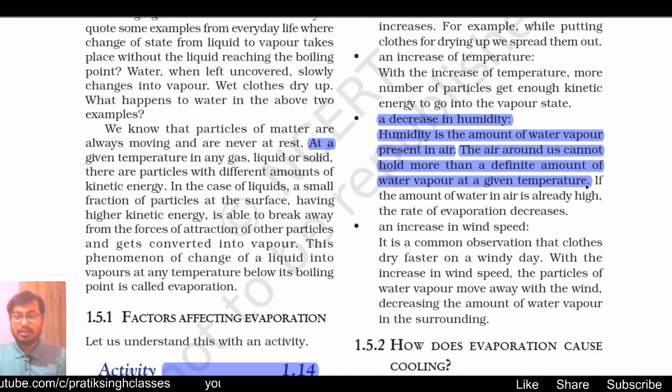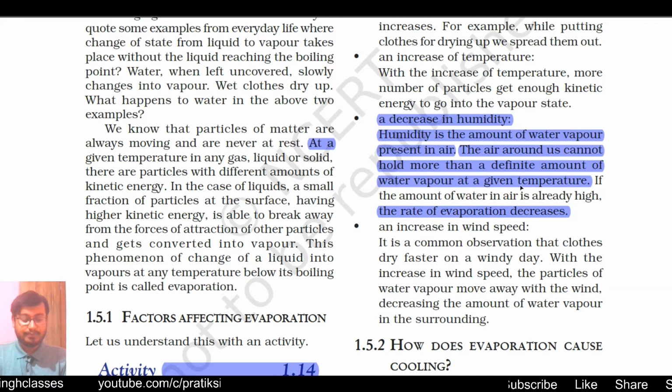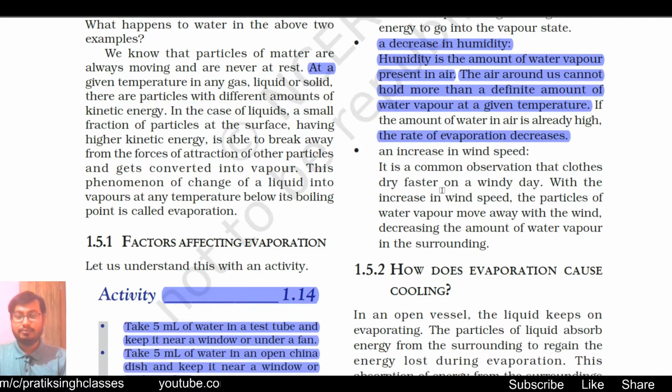If the amount of water in air is already high, the rate of evaporation decreases. That is why during the rainy season wet clothes dry very slowly, but in summer, when the vapor content in the air is very low, the cloth dries fast.